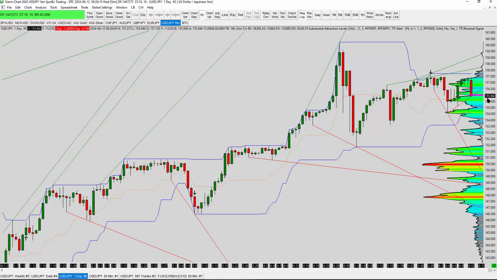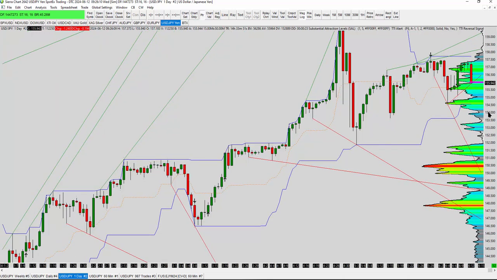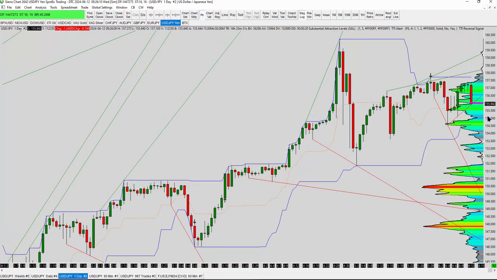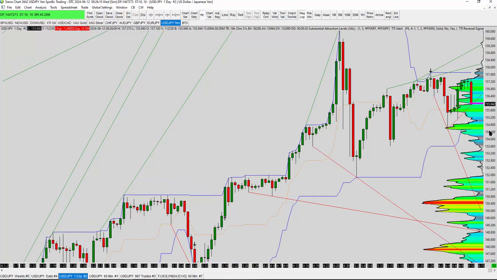What is rejection? A rejection is, using volume profile, where you have two levels of volume profiles, two levels that are differentiated with a different level, which means here, I'll expand this.